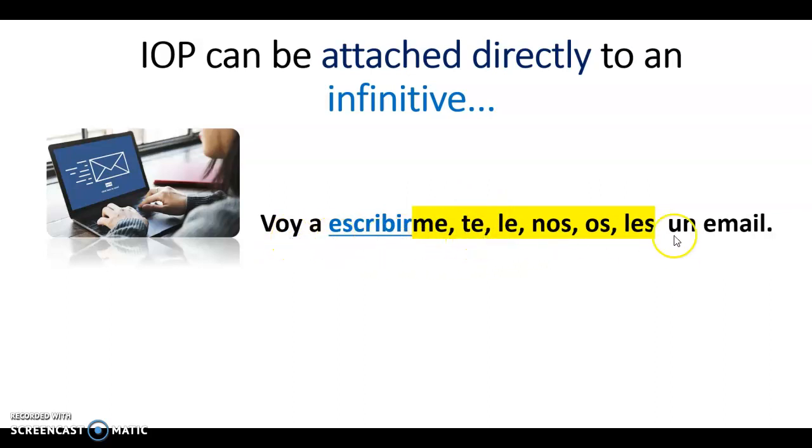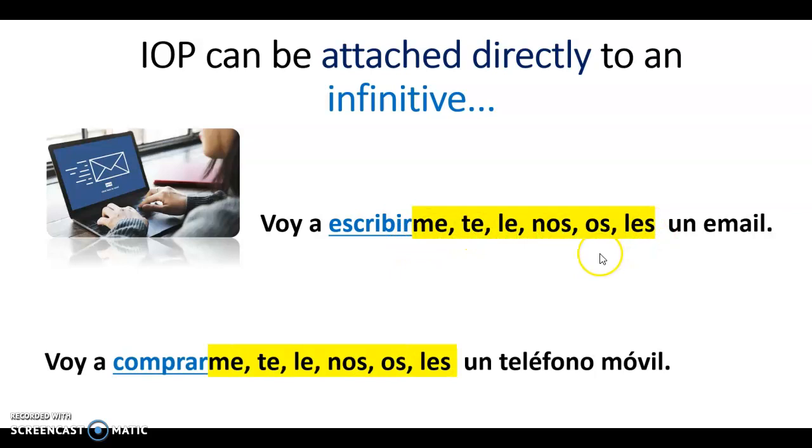Voy a escribirte un email. Voy a escribirles un email, for them. Or I could put it right here in front of the conjugated verb. So you can decide which way you feel more comfortable. If you decide, I'm always going to put it in front of the conjugated verb, not to get confused, that's perfectly fine. Just know you'll see it attached to the end.